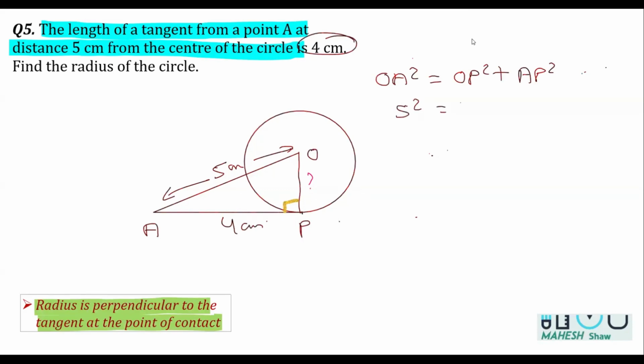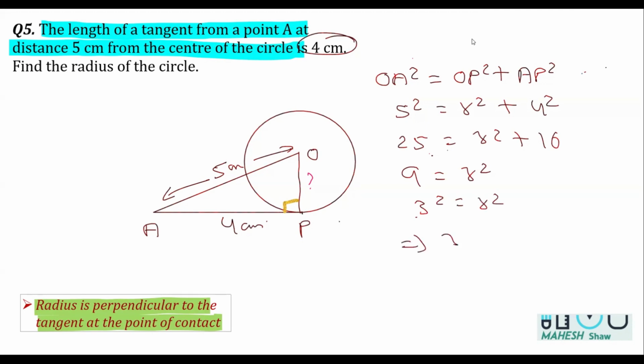OP is the radius, so I'll write R here. And AP is given as 4. So this comes out to be 25 is equal to R square plus 16. On transposing 16 to the other side, 25 minus 16 is 9 is equal to R square. So 3 square is R square. That implies R, which is the radius, is 3 centimeter.